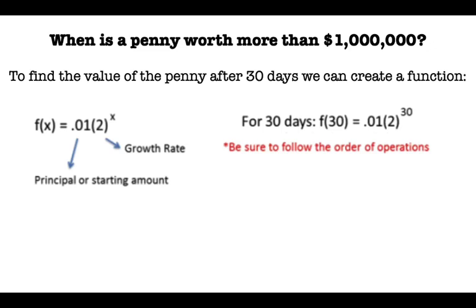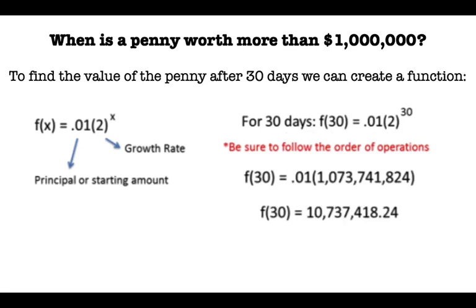When we calculate 2 to the 30th power, you get a very large number, which is 1,073,741,824. The last part is to multiply it by that penny out front, so multiply that number by 0.01.